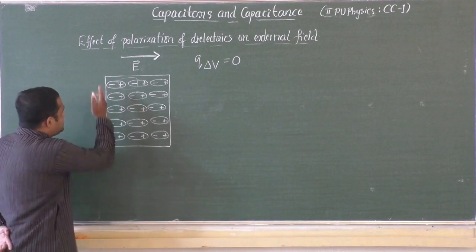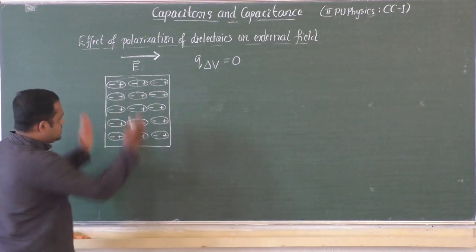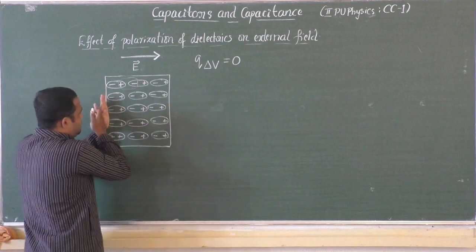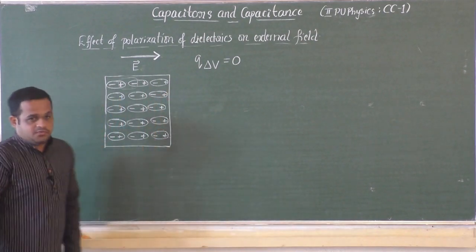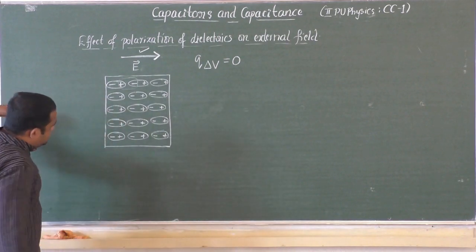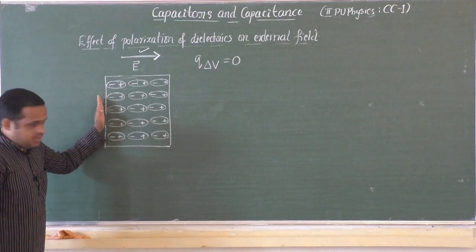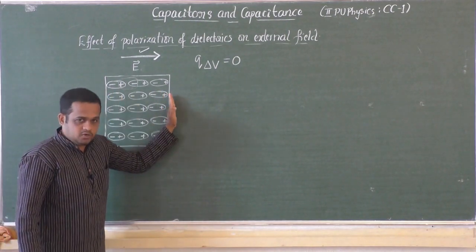Now, consider the surfaces. Two surfaces of this dielectric slab, like this surface and this surface, which are perpendicular to the electric field. Now, the electric field is in the positive x direction. One plane is here, parallel to the YZ plane, another plane is here, parallel to the YZ plane.